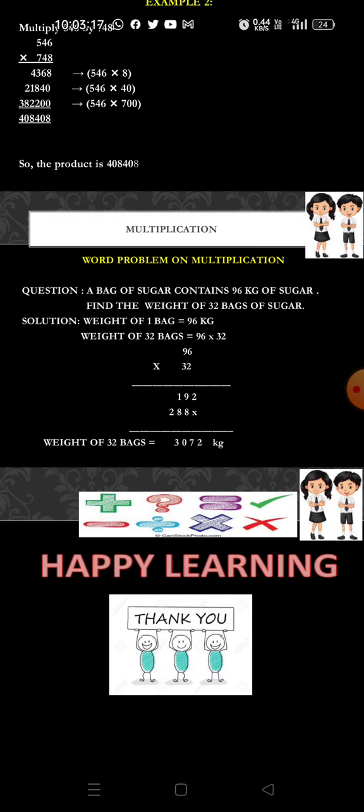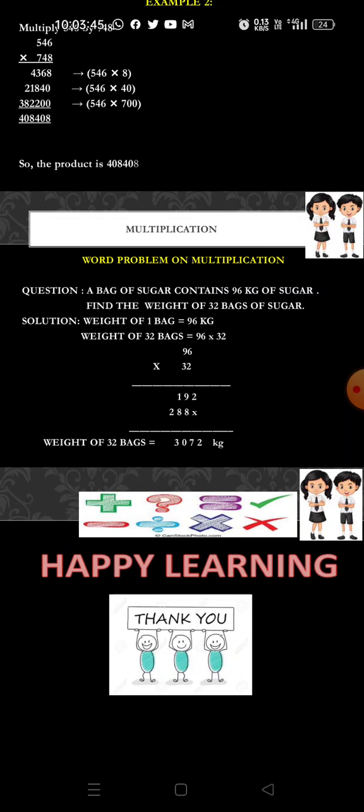First we'll write, now since this is a word problem, you have to write the statements. So the first statement will be, weight of one bag is 96 kg. We have to find the weight of 32 bags. So weight of 32 bags is equal to 96 multiplied by 32. So when we multiply 96 with 32, the result will give the weight of 32 bags.